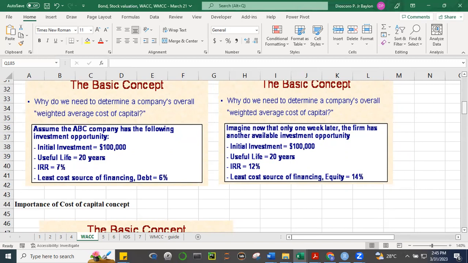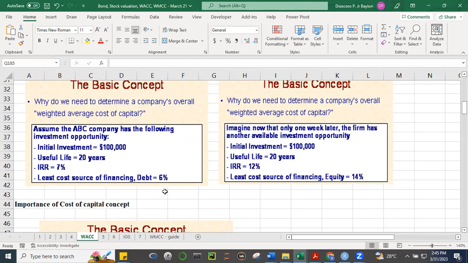We have this company having this investment opportunity, an initial investment of $100,000. Useful life is 20 years. IRR is 7%. And then the least cost source of financing is debt, which is 6%.